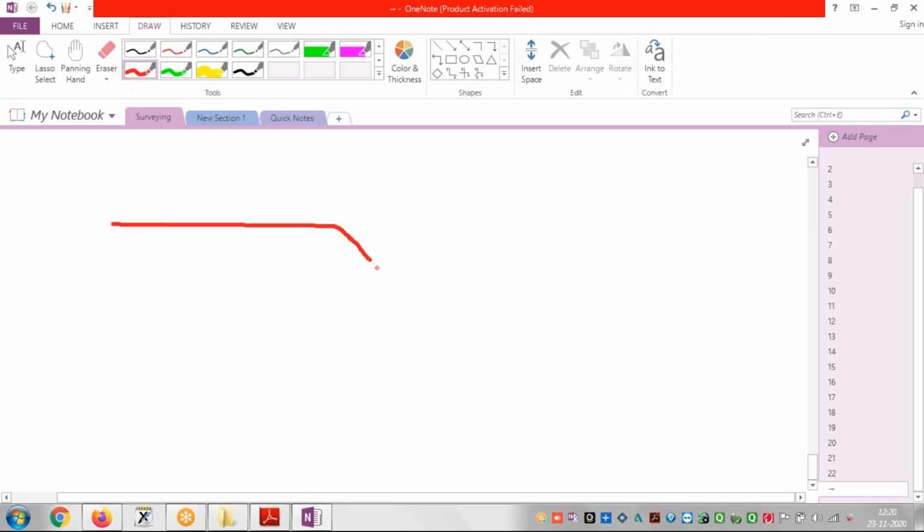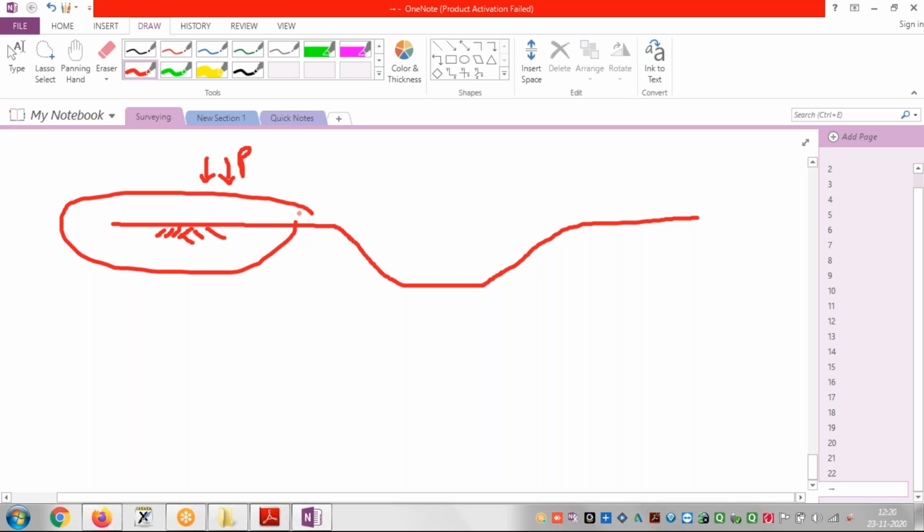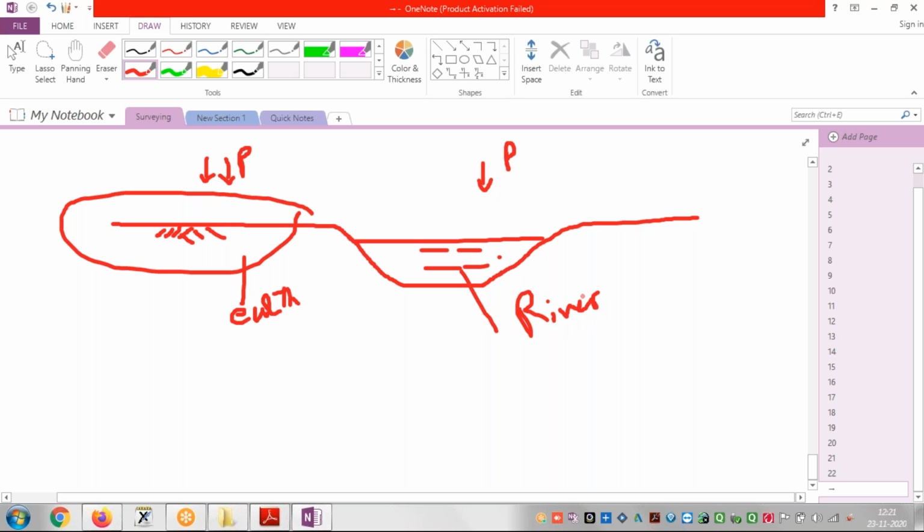Suppose this is our surface of the earth, and whatever the precipitation is occurring here, right? Some part is coming on the earth. This is our earth, right? And here it is a river, right? Some part of the precipitation is directly coming onto the river, right?